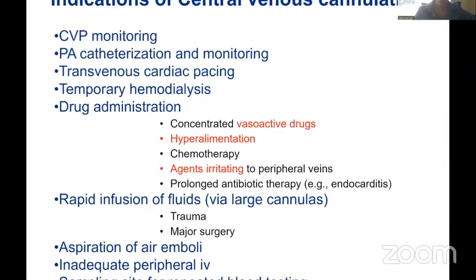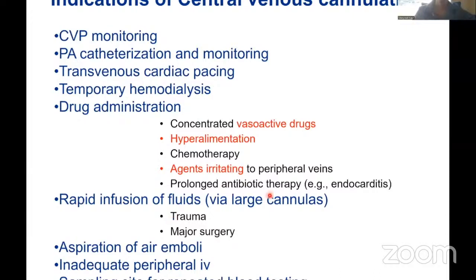Central venous cannulation might be done as a part of CVP monitoring, a PA catheter insertion, or transvenous pacing, or for hemodialysis. We use it for drug administration when we use vasoactive drugs, for TPN, for chemotherapy, for agents which are basically irritants to the peripheral lines.